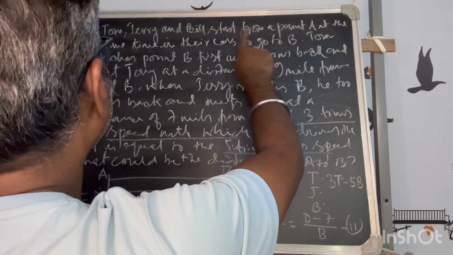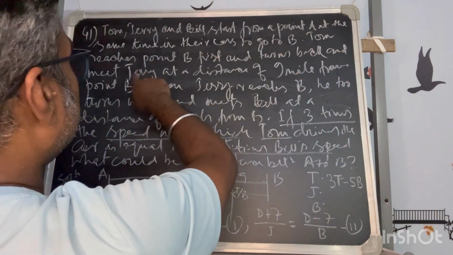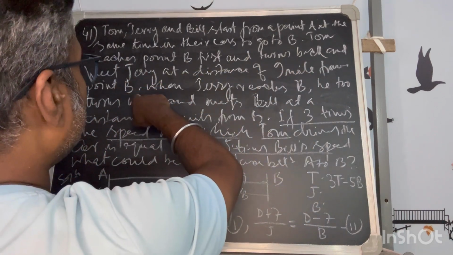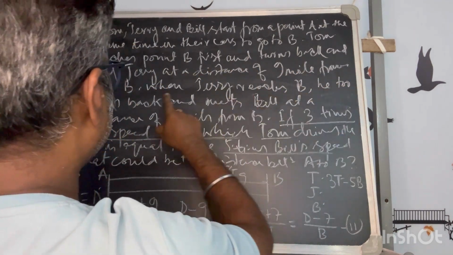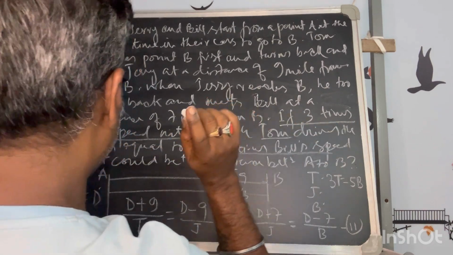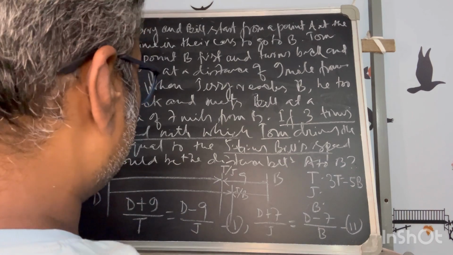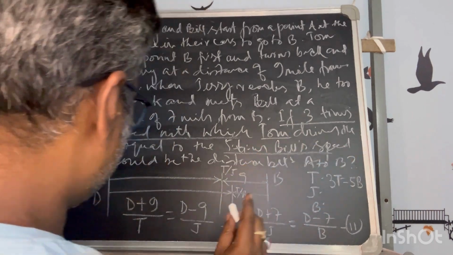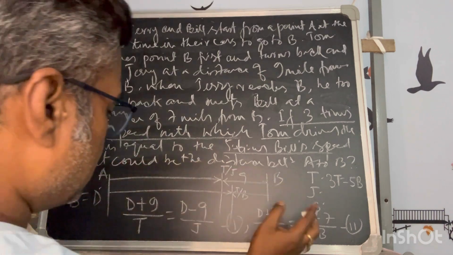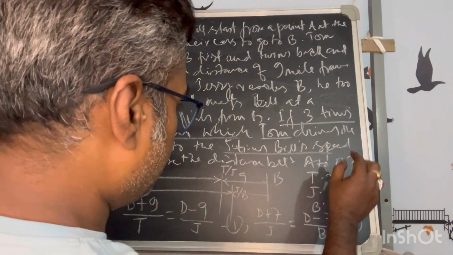Tom reaches point B first, turns back and meets Jerry at a distance of 9 miles from B. When Jerry reaches B, he turns back and meets Bill at 7 miles. If 3 times Tom's speed equals 5 times Bill's speed, what is the distance? So there could be a trial and error method after solving. Let me check this.